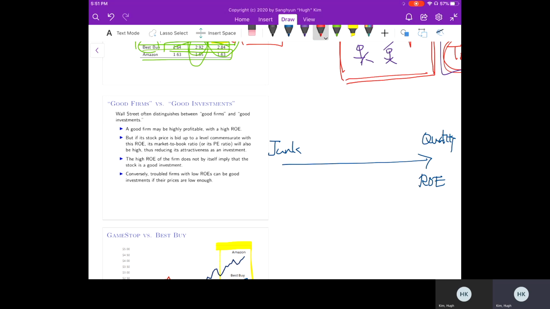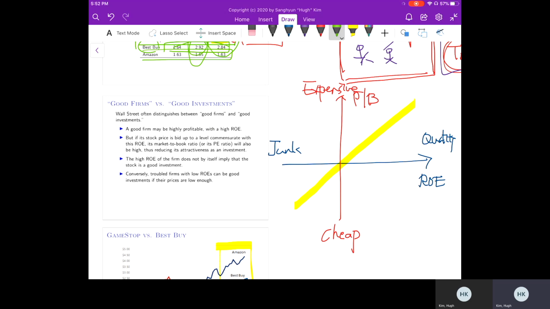And if you put price to book on the x-axis, so high market to book or price to book ratio means expensive. Low market to book ratio means cheap. So good firms tend to be more expensive, right?